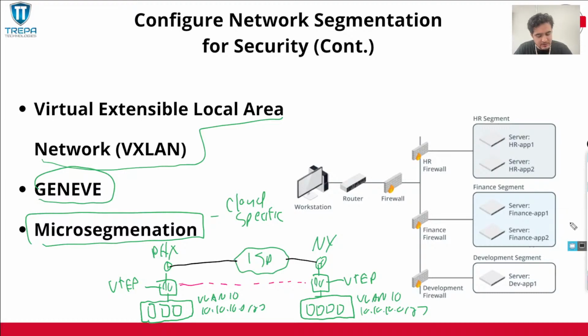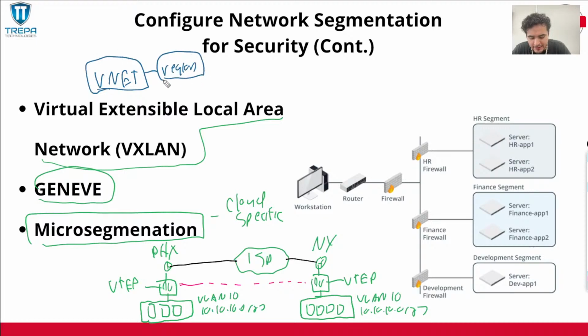So in Azure, when we want to segment by networks, we create what's called VNets. Okay? These VNets are tied to a region. So if I create a VNet in the west region and I have a resource in the east region, I cannot put that resource as a part of this virtual network.